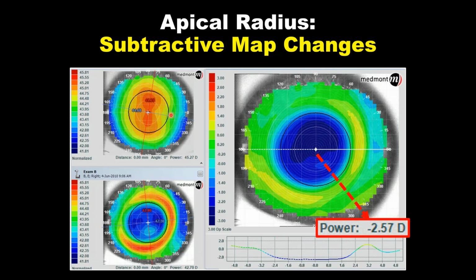What a subtractive map does is it compares a point in time to another point in time and tells you the difference. It subtracts A from B to give you C. So if you have steepening over time, that shows up as hot, as yellow or red or orange. If you have flattening between these two visits, then you see blue.